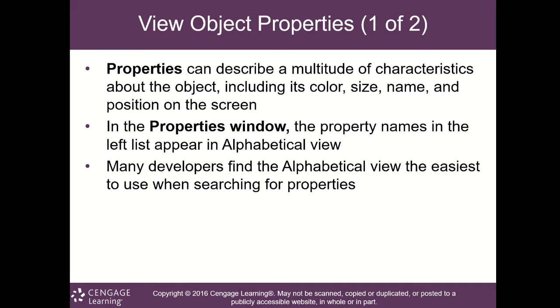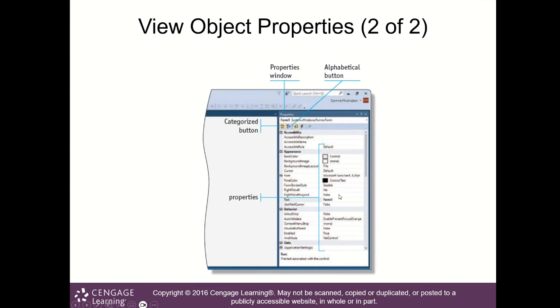In the properties window, the property names in the left list appear in alphabetical view. Many developers find the alphabetical view the easiest to use when searching for properties.